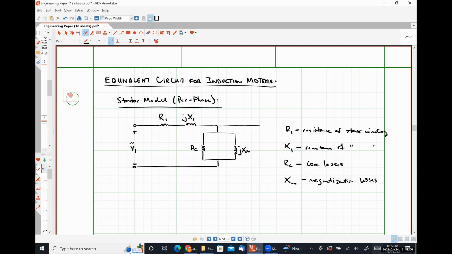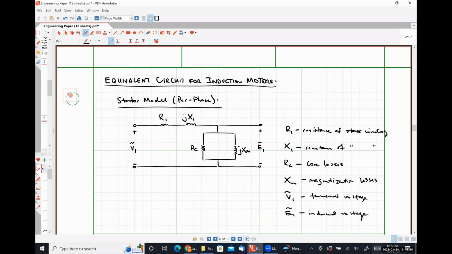And then out here, we have our terminals, where our voltage V1 is our terminal voltage, and E1 is our induced voltage. So our stator model literally looks exactly the same as the primary windings of a transformer, okay?